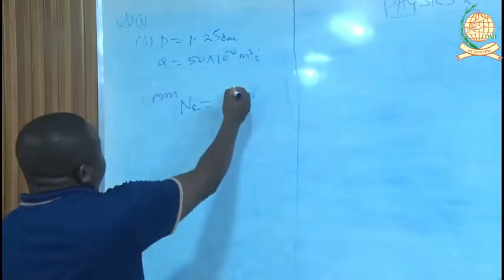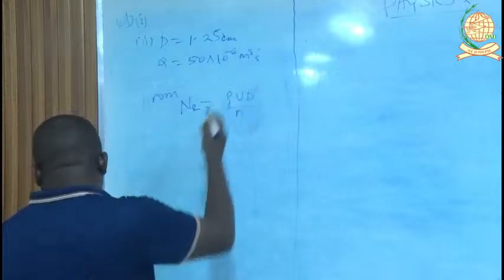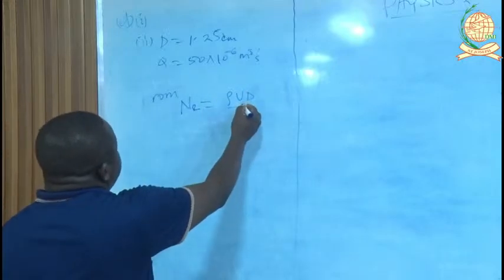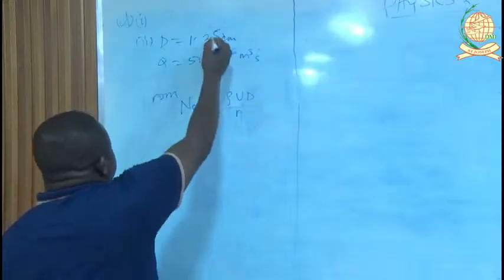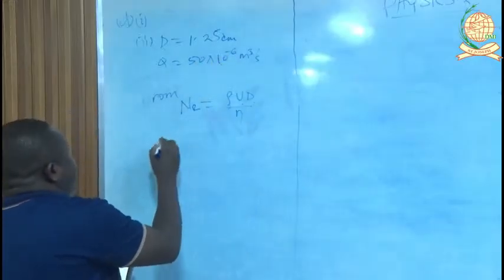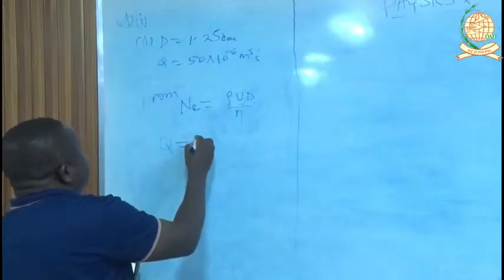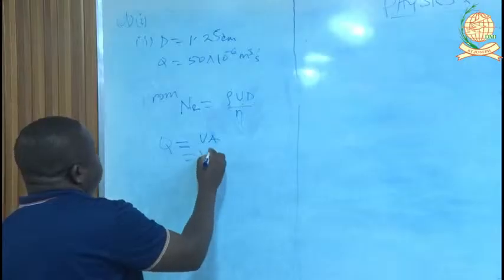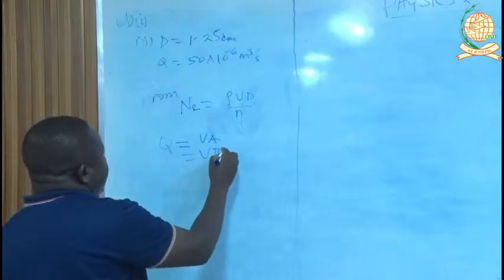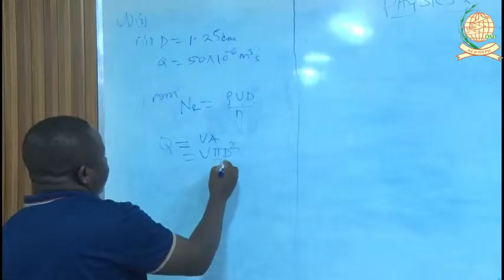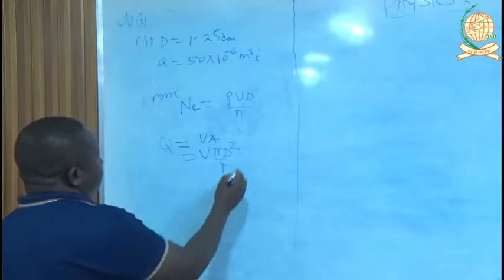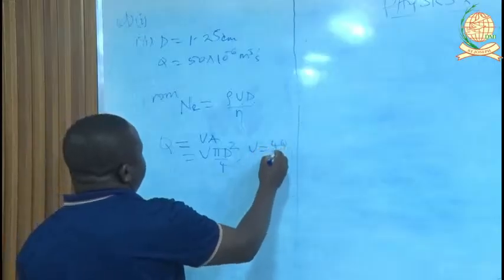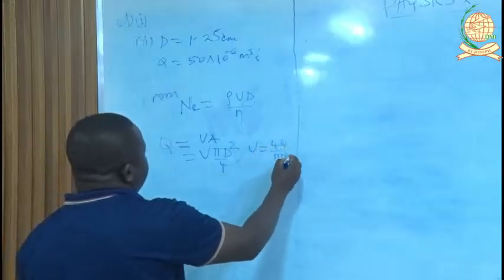So we have the density because this is water. We don't have velocity, we have diameter. But we know the flow rate is equal to velocity times area, and for the pipe, area is pi d squared over 4. So velocity is equal to 4Q over pi d squared.